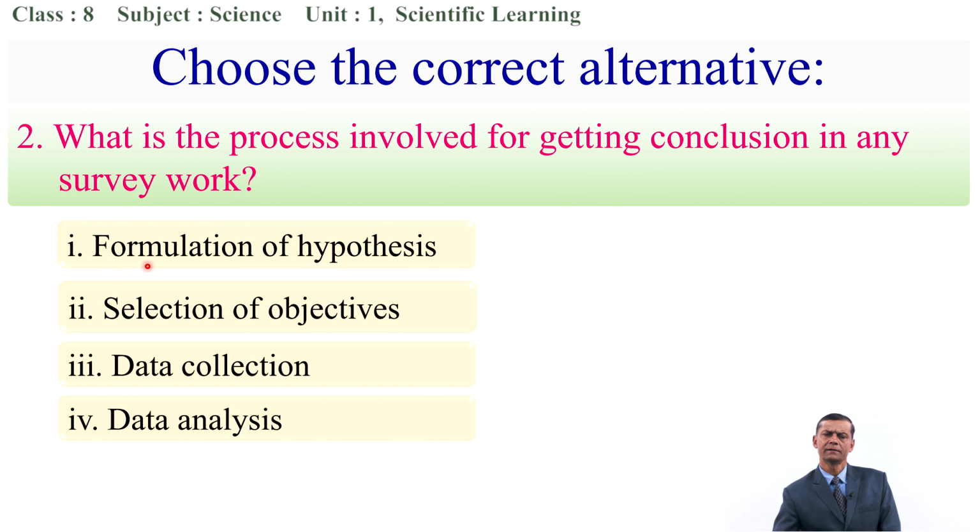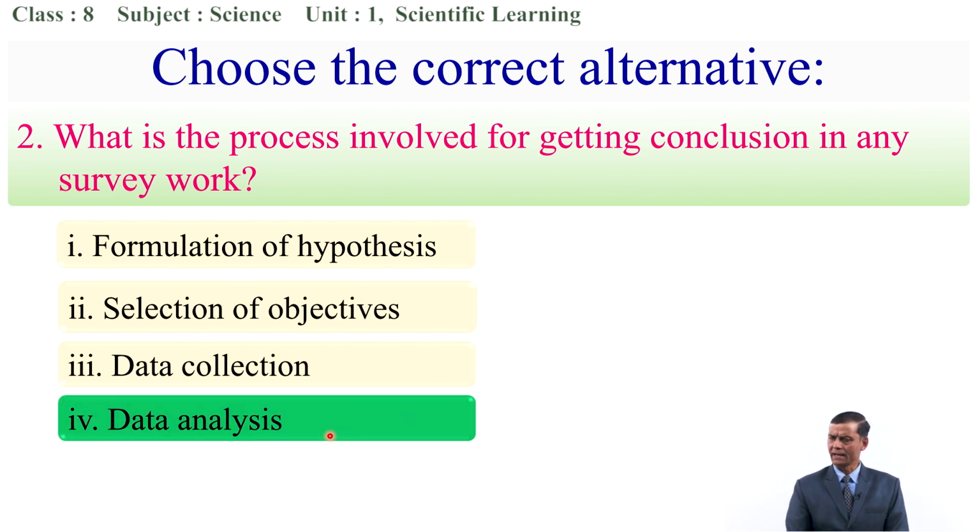The alternative answers are formulation of hypothesis, selection of objective, data collection, or data analysis. Which step can draw the conclusion? Yes, you have found the correct answer. Let's check it. Yes, data analysis. After data analysis and interpretation, we can get the conclusion.